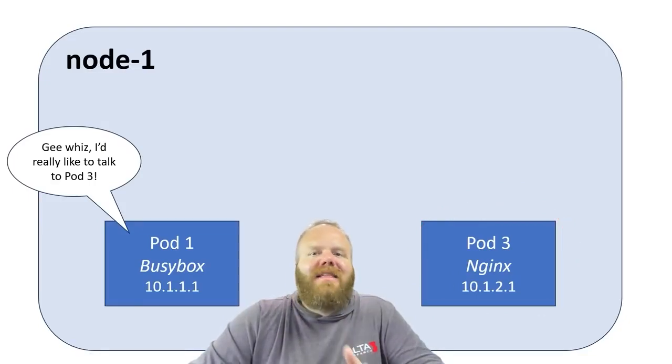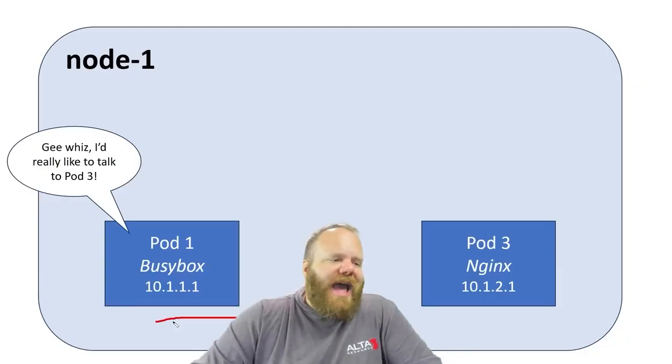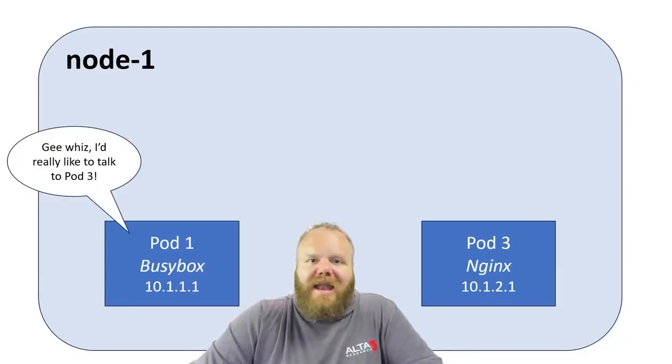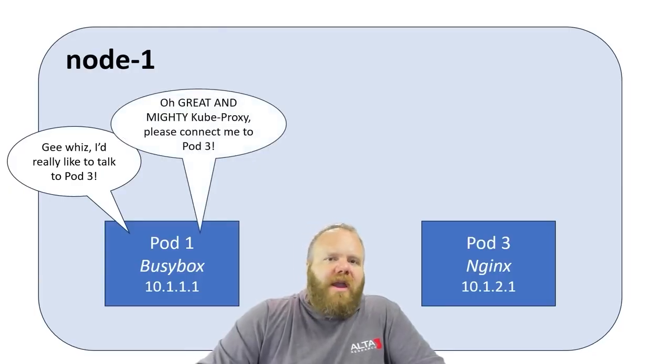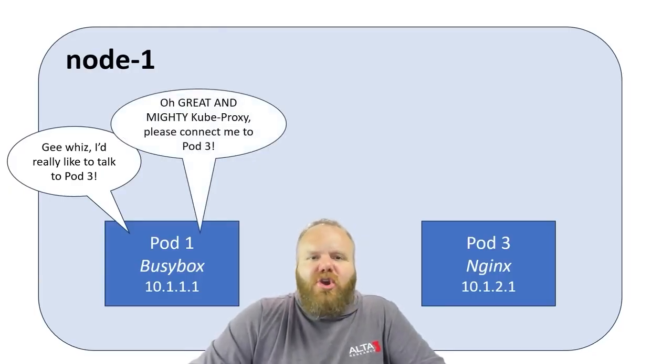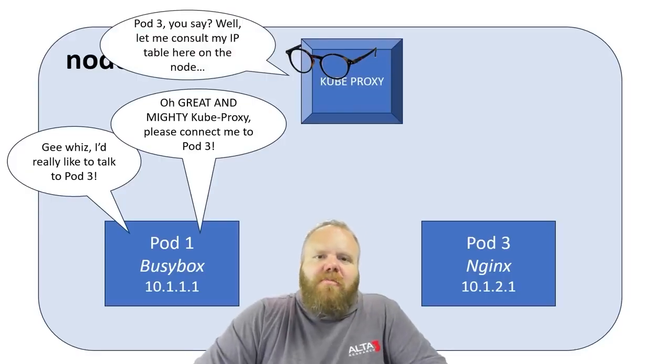Now, let's say that that service is already created. But the question is how is that service located? How is it accessed? And so on and so forth. Here is where the great and mighty kube proxy is going to come into play. And kube proxy is a lot like kubelet.